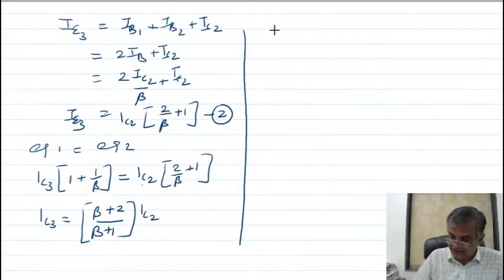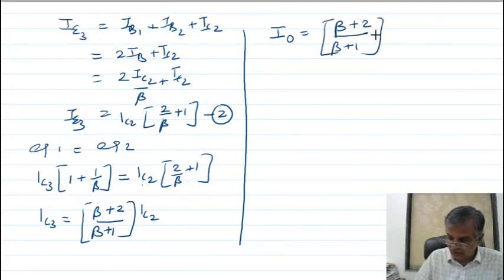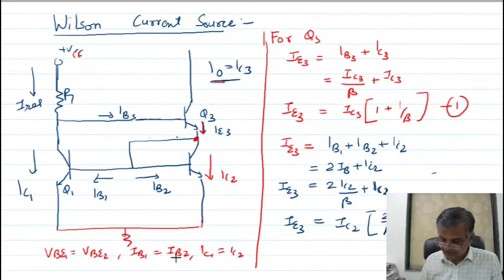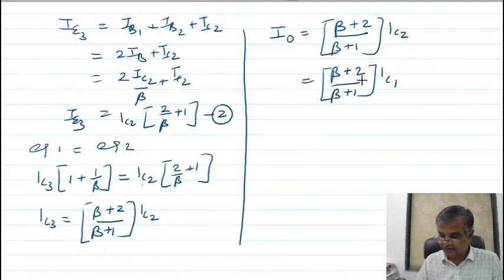So here I can write also I0 is equal to beta plus 2 upon beta plus 1 into IC2. Here I can write beta plus 2 upon beta plus 1 into IC1. I told you in the previous slide we have discussed these two are equal, so I am taking these two as equal.